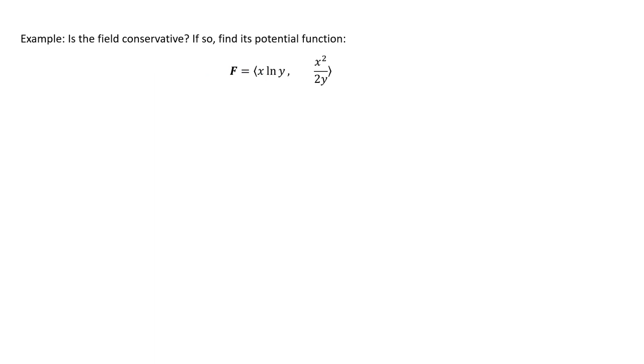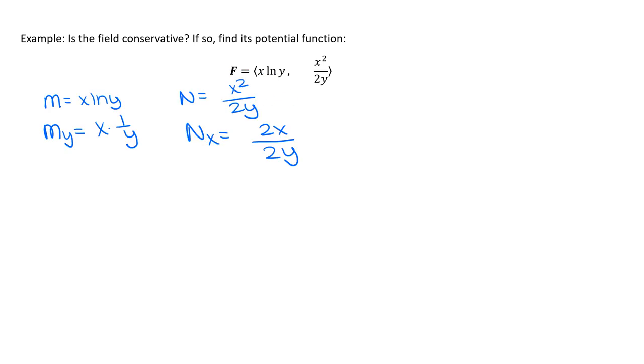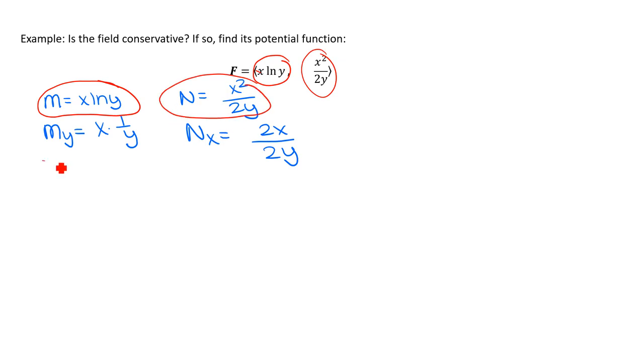All right, so here's an example. Is the field conservative? If so, find its potential function. To check and see if it's conservative, our M is our x component, and the N is our y component, and so then we're going to take the derivative of M with respect to y.